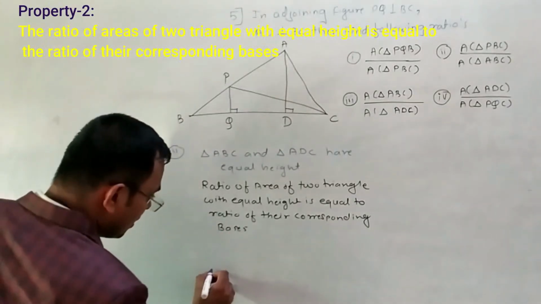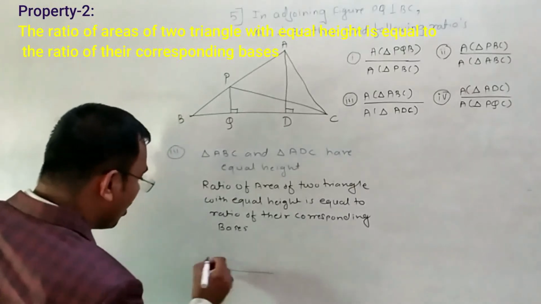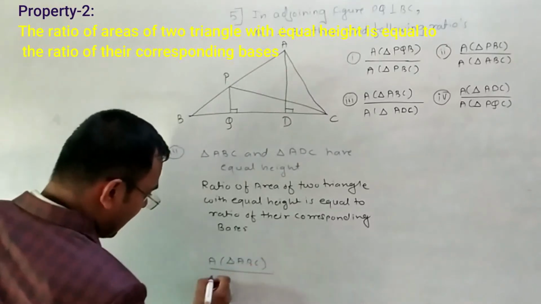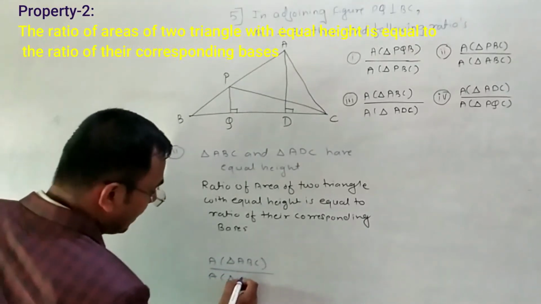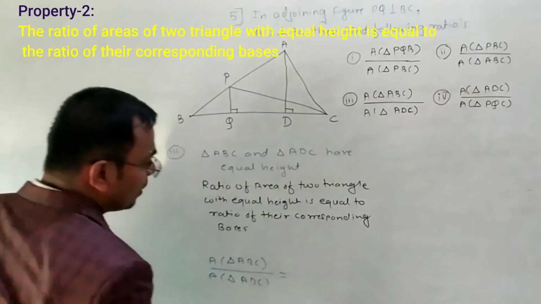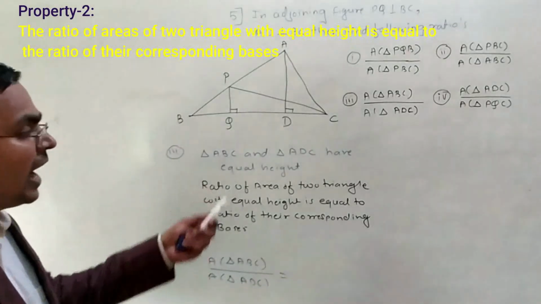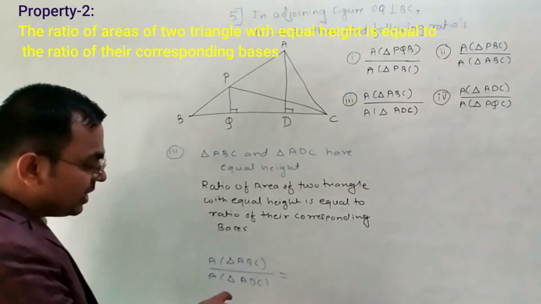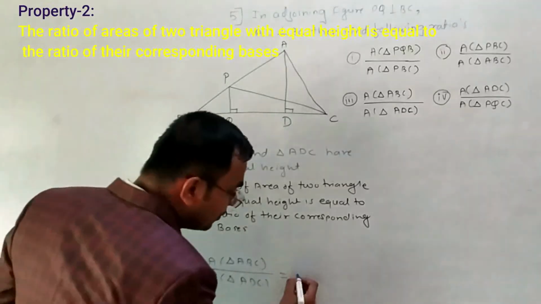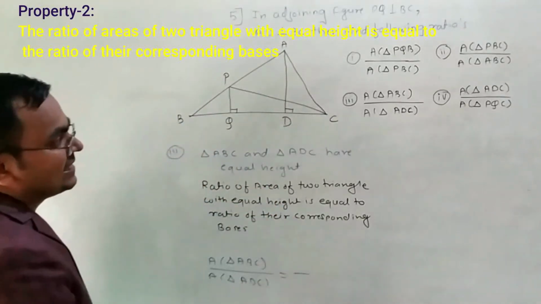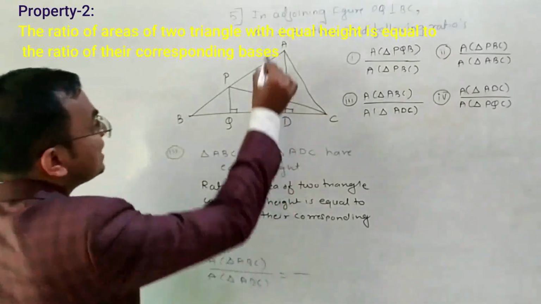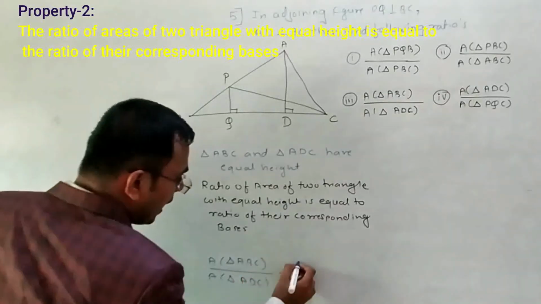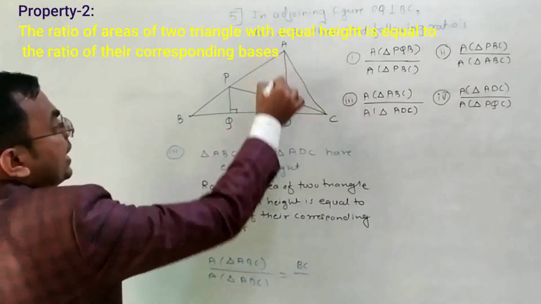Now ratio of area of triangle ABC and area of triangle ADC. The triangles ABC and ADC have common height AD, therefore the ratio of area of triangle ABC and ADC is equal to the ratio of their corresponding bases. So triangle ABC has base BC, and triangle ADC has base DC.